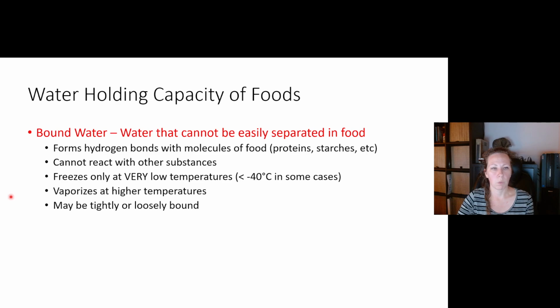Now, this bound water may be very tightly bound or it may be loosely bound. It just depends on what it is binding with, and also the physical structure of what it's binding with. Sometimes it may actually be entrapped in the folds of a protein, because a protein is not just one long structure.